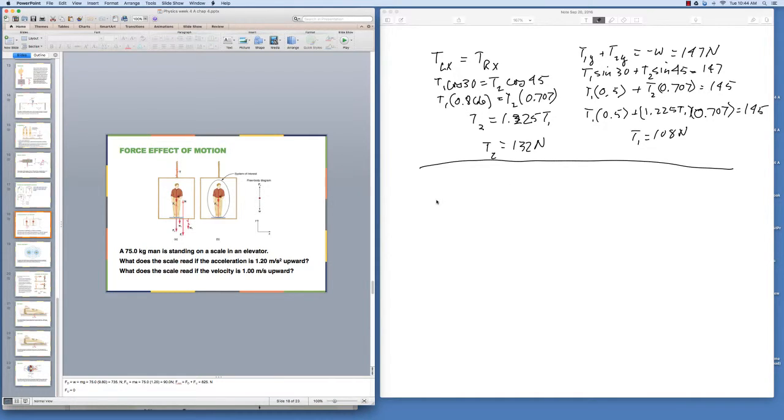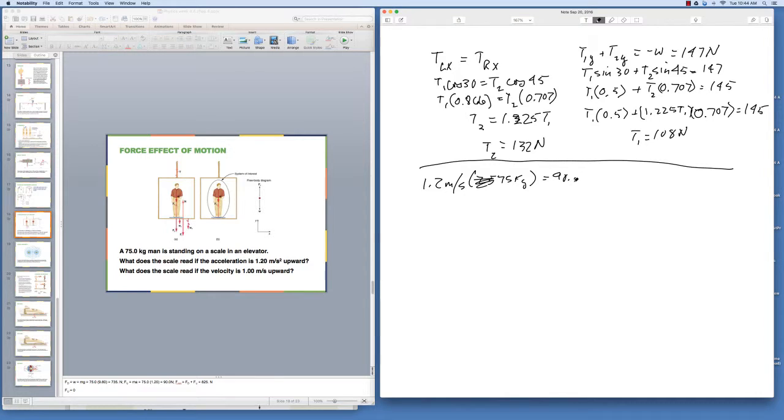First of all, he's moving up at 1.2 meters per second squared, and he has a mass of 75 kilos. So the force exerted here is going to equal the multiplication of that, which is 90.0 newtons.